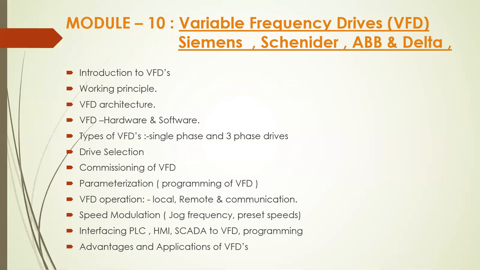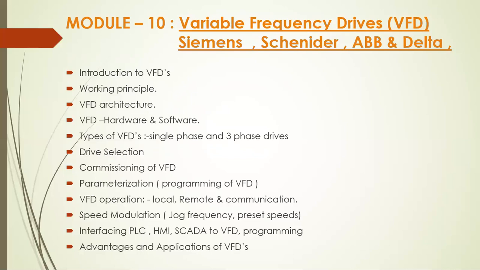Variable frequency drive is one of the very important tools of industrial automation because this is the only product which can control the speed of an induction motor. Imagine a scenario where you have a car and it runs only on a single speed, be it 10 kilometers per hour or 50 kilometers per hour or 100 kilometers per hour. It will not be useful if you cannot vary the speed.